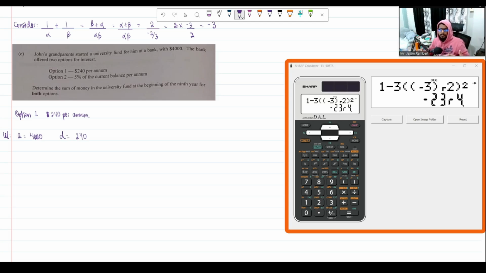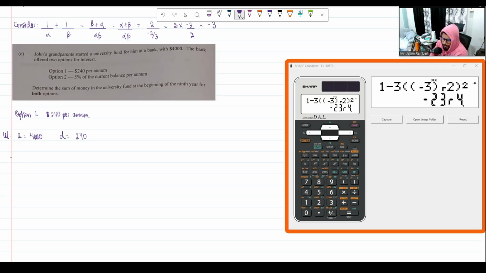If we think about it in logical terms, if he starts the fund with 4,000, at the end of the first year he's going to have 4,240. At the end of the next year, he will have 240 more, and so on. So the amount of money at the beginning of the second year is equal to the amount of money at the end of the first year. So let's write that down.